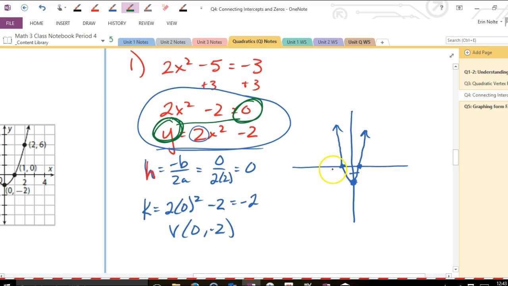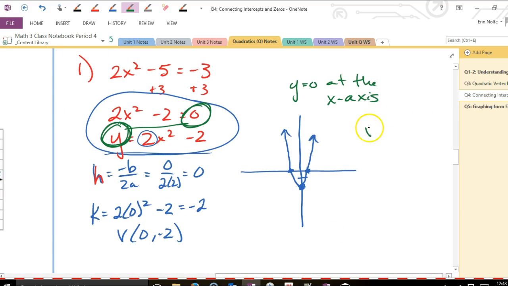The y value will always be equal to 0 at the x-axis. So what we're looking for now is our x-intercepts, which is another fancy word called the zeros. The zeros or the x-intercepts are the same thing. The idea is that we take our equation and set it equal to 0, and that is where the solution to our equations lies.